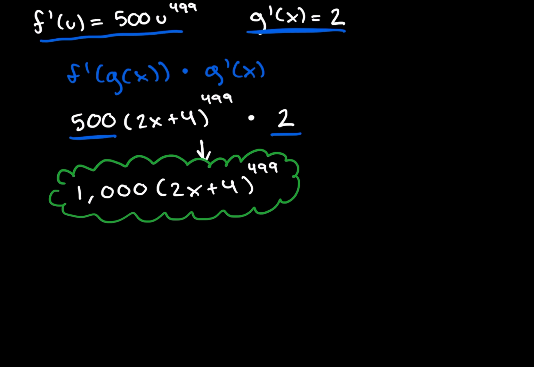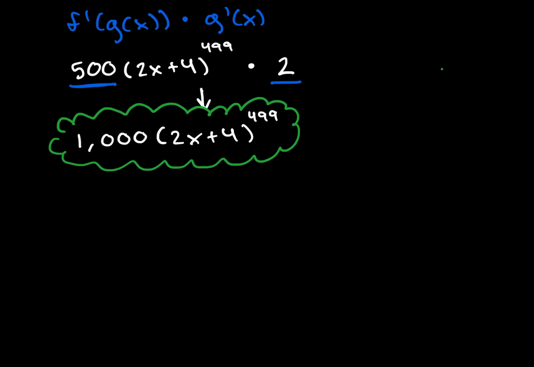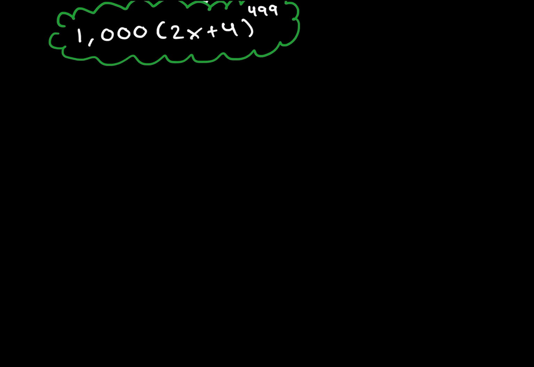Now that we've seen how this works with a quote-unquote regular problem, let's see how it would work with an exponential example. So let's say we are given y is equal to e to the 8x power. Some of you might recognize this from earlier.